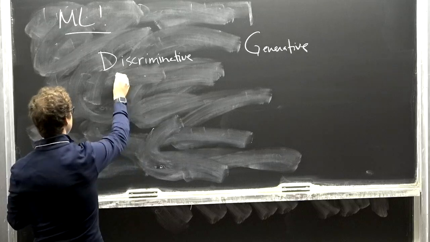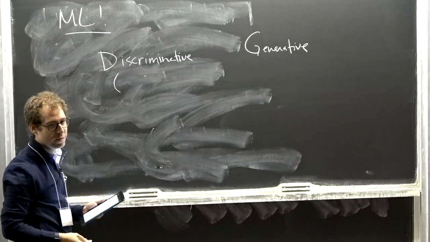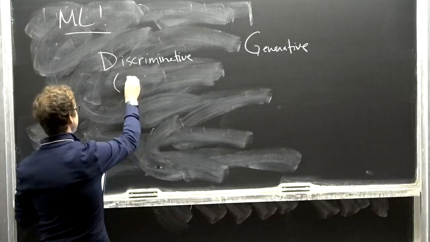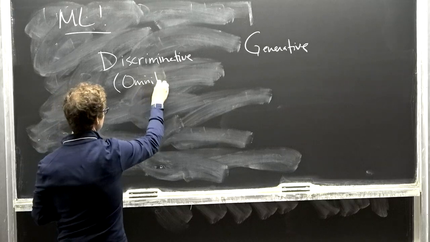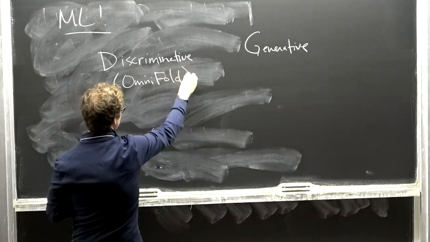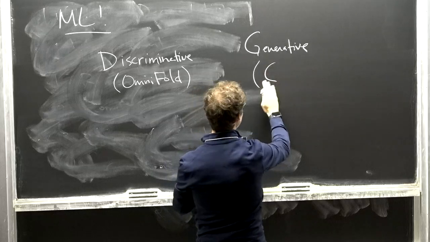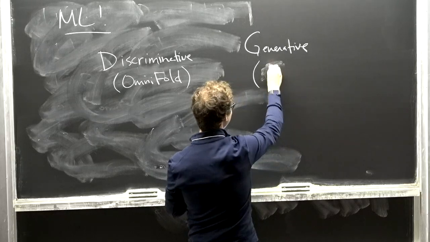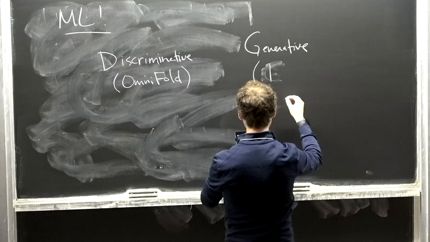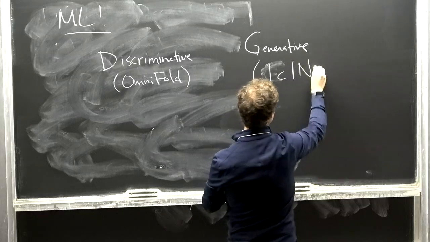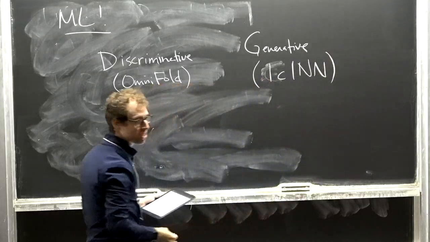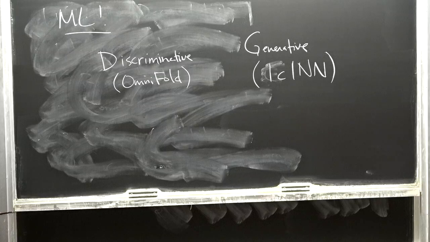The prototypical algorithms in these classes: this one would be called OmniFold. And this one does not have a beautiful name. I'm sorry. I know that people who study this are in the audience, but the latest incarnation is called ICINN, which stands for Iterative Conditional Invertible Neural Network.